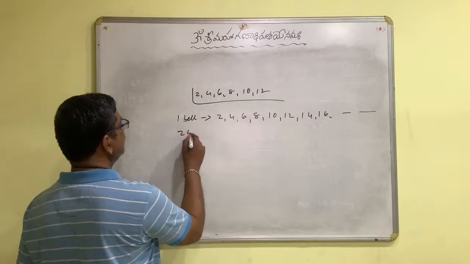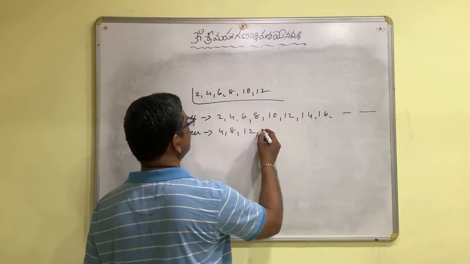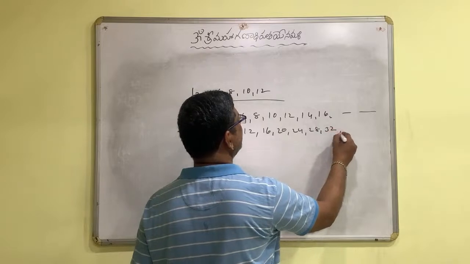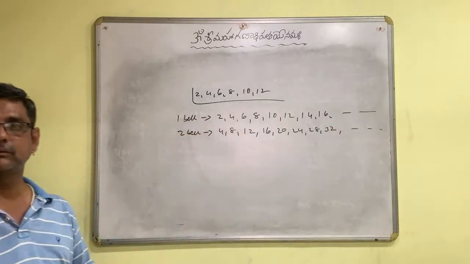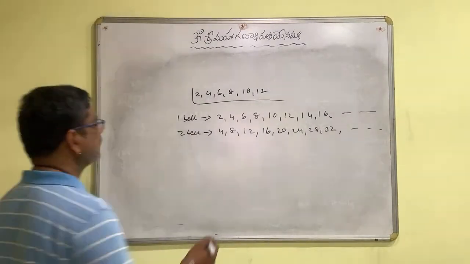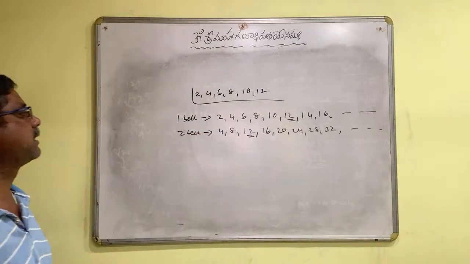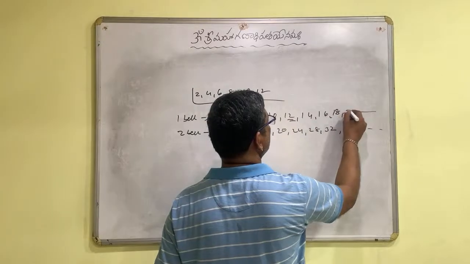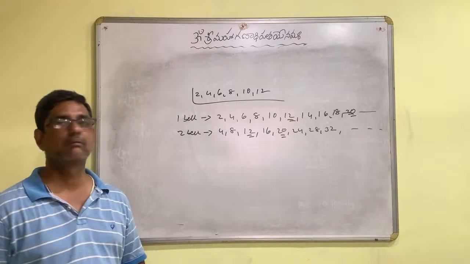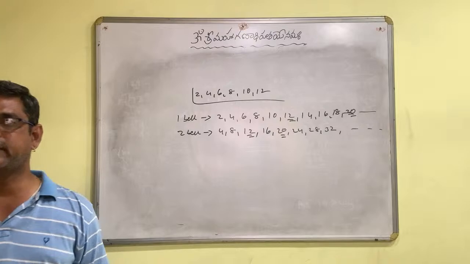And the second bell, 4, 8, 12, 16, 20, 24, 28, 32, like that. If you observe for these 2 bells, this is the least common multiple. So we need to write the timings for each and every bell. Then we can find out.